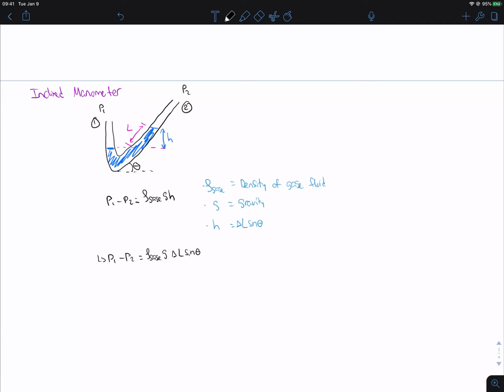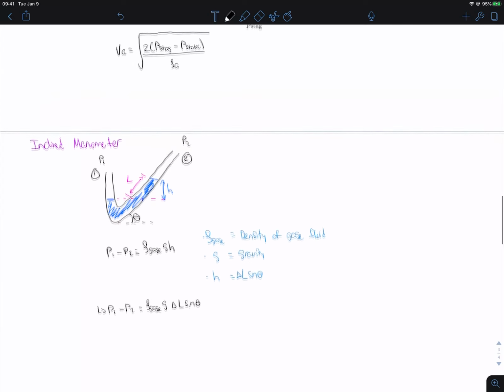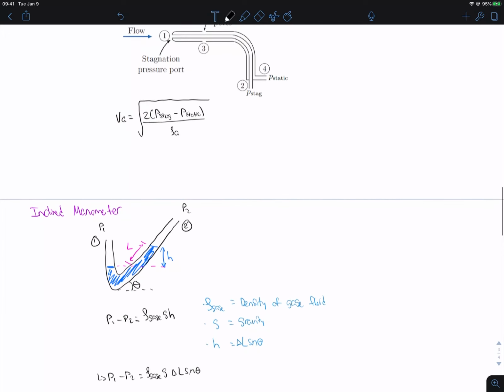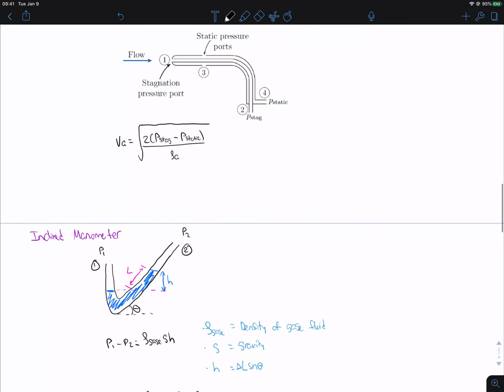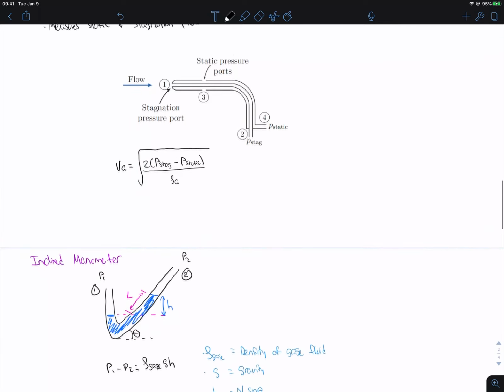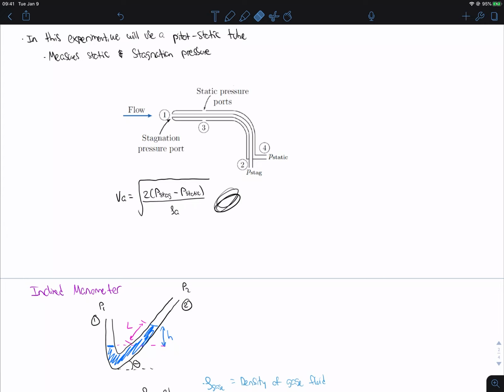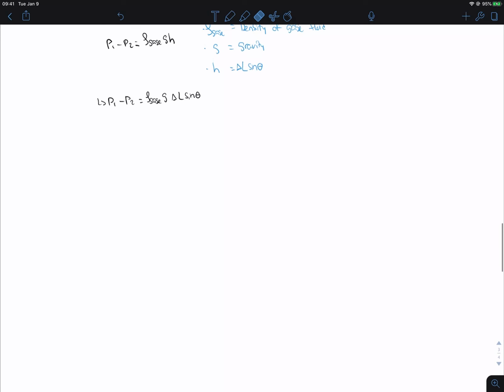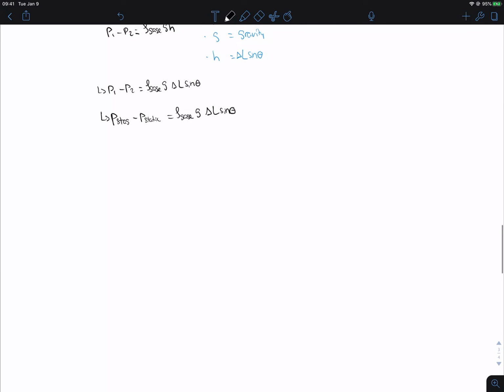Now remember, we want to find the local airspeed, so we're going to plug P1 minus P2 into our formula here for the local airspeed. But let's first note that P1 minus P2 is going to be equal to P stagnation minus P static. Now we can plug it into that formula for the airspeed.